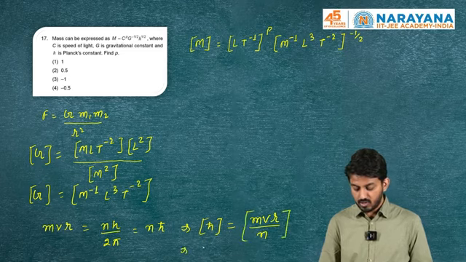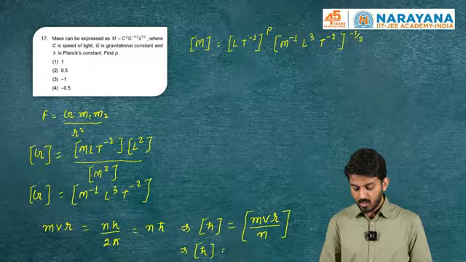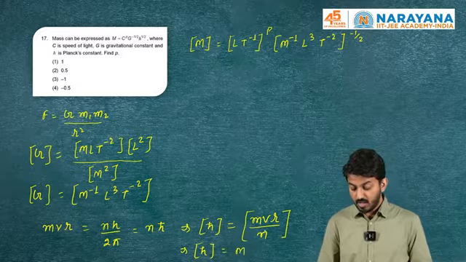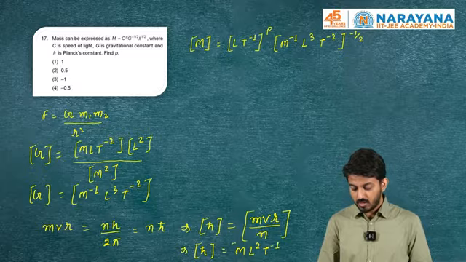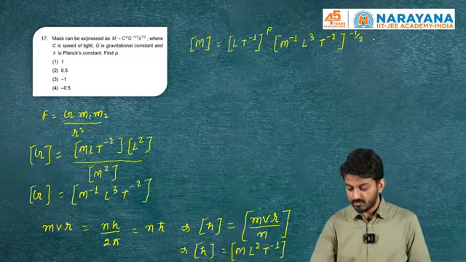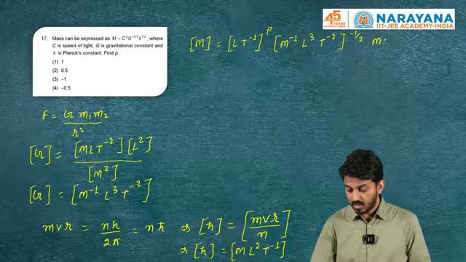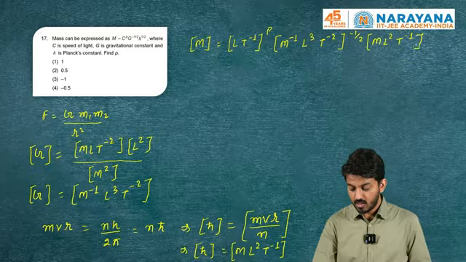So dimensions of h will come out to be m for mass. Velocity will have L t minus 1, and we have one more L because of the r. So L2 t minus 1. Let's put it here. I get m l2 t minus 1.